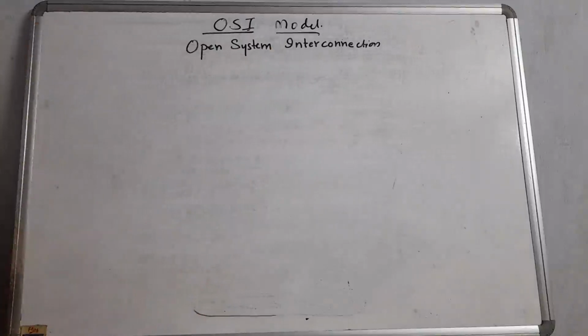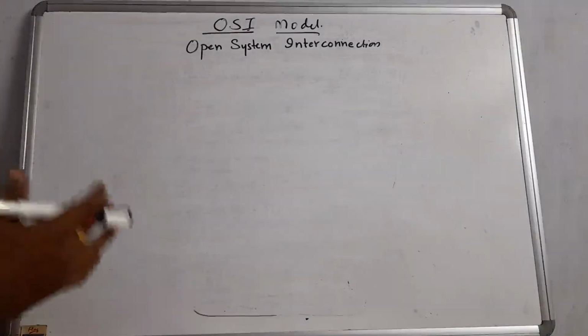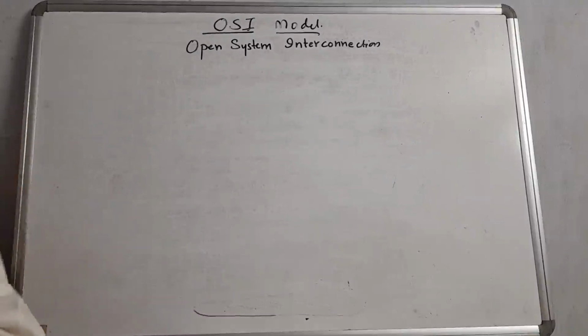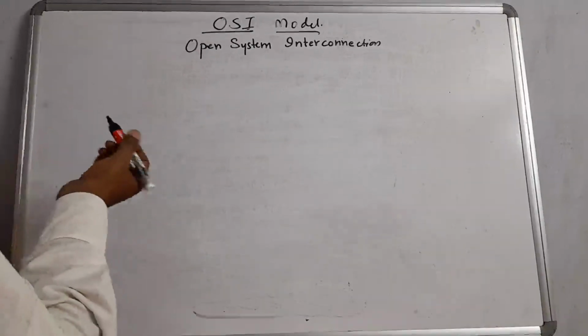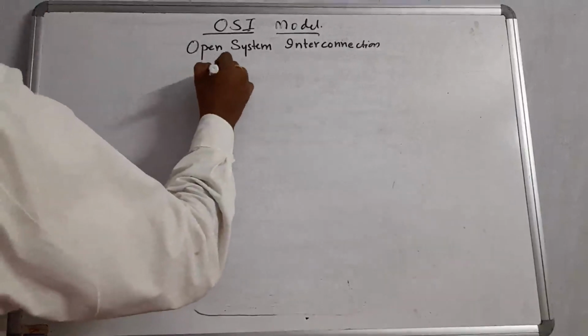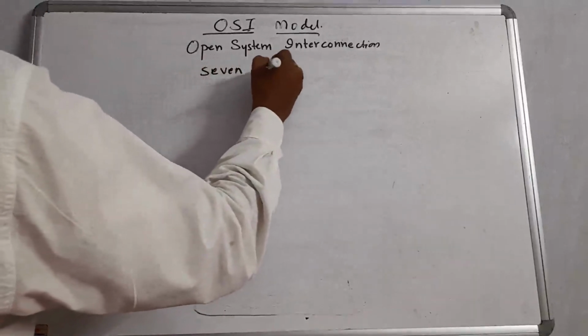It is a reference model that describes how information from one software application in one computer moves through a physical medium to the software application in another computer. This OSI reference model consists of 7 layers.